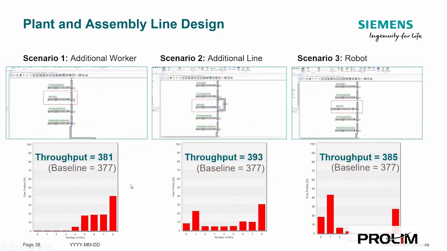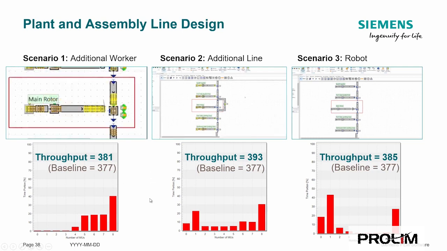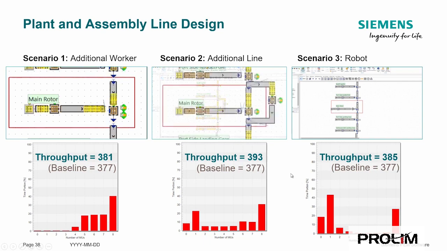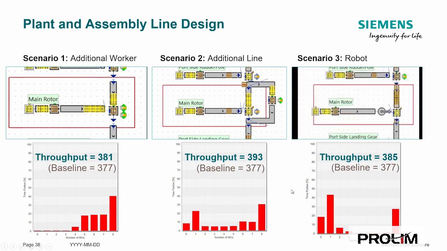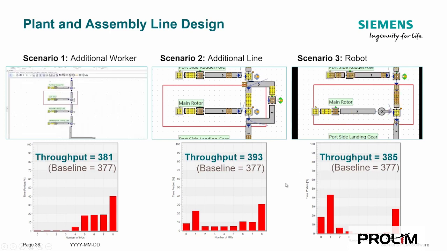So then looking at different assembly designs where you can either have one additional worker on the same station, or maybe split up the line to have two lines, one for each additional worker, or you can then replace both of them with a robot, for instance, and one can see then the comparison between the three options.